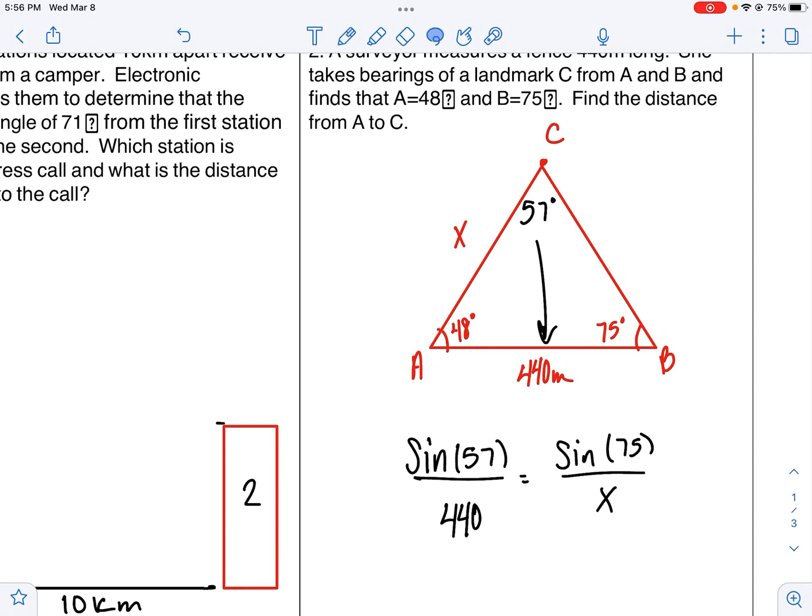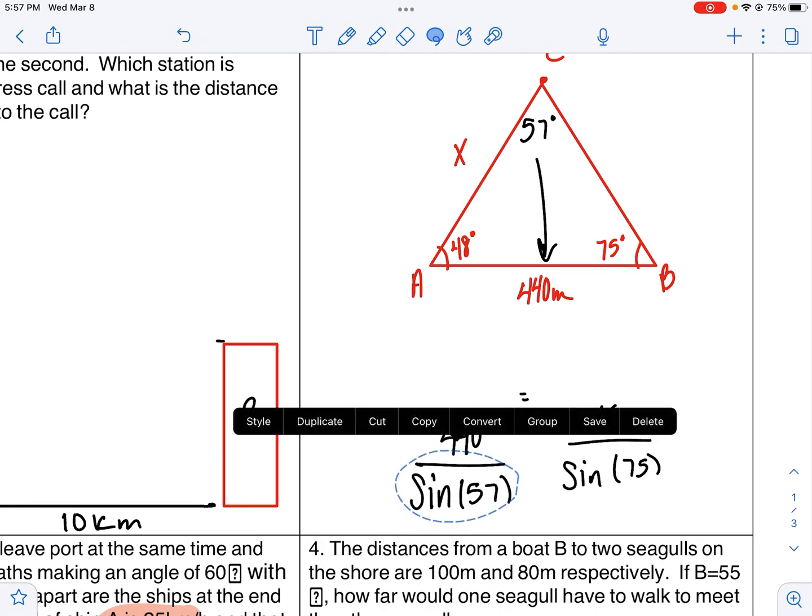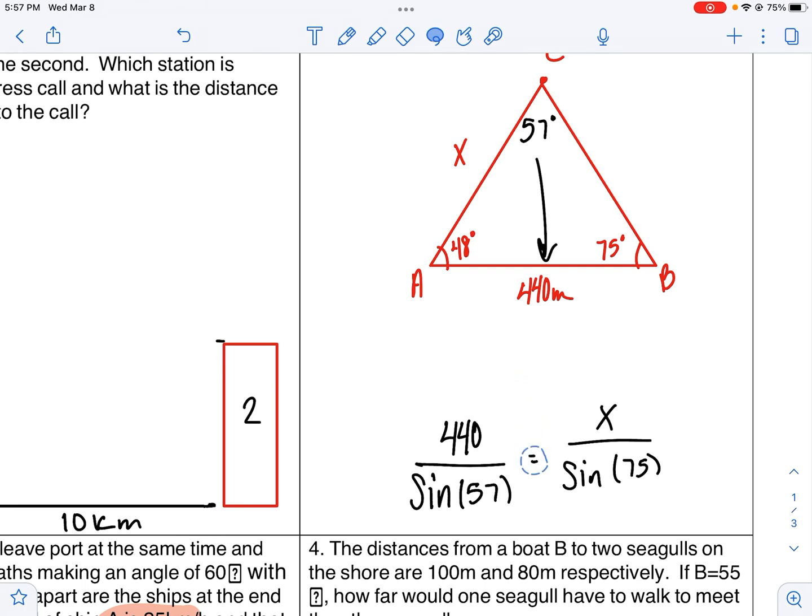Just as a pro tip for you, if you want to solve a law of sines or law of cosines problem, whatever you're solving for, it helps to have that thing in the numerator sometimes. Right, you're going to get the same answer.